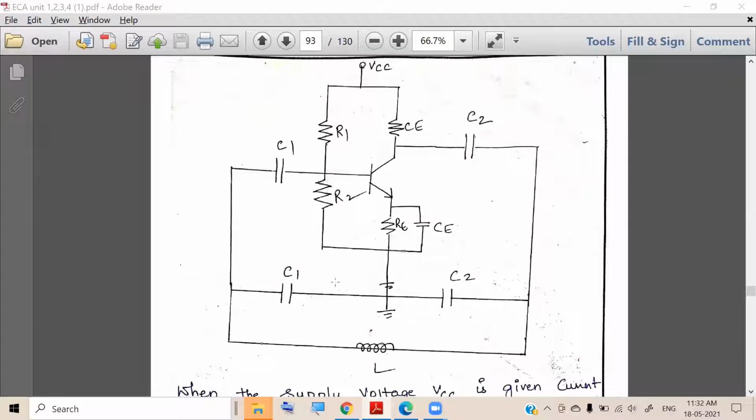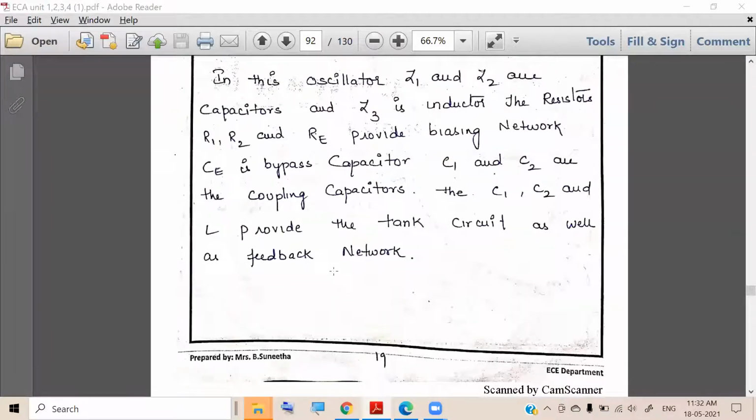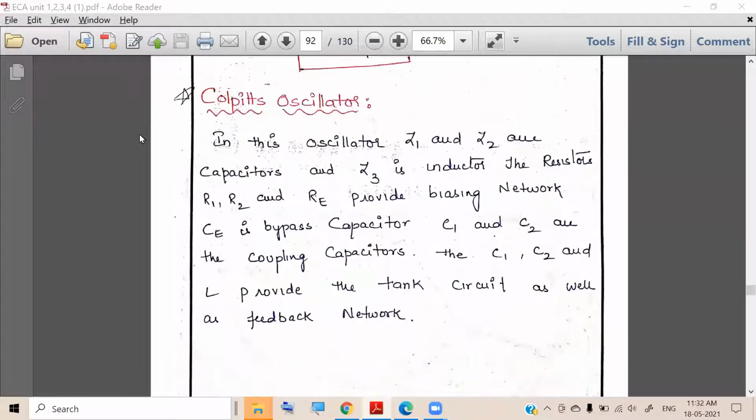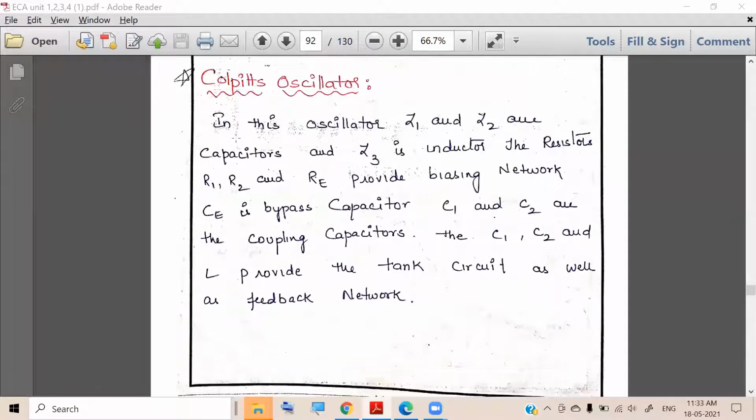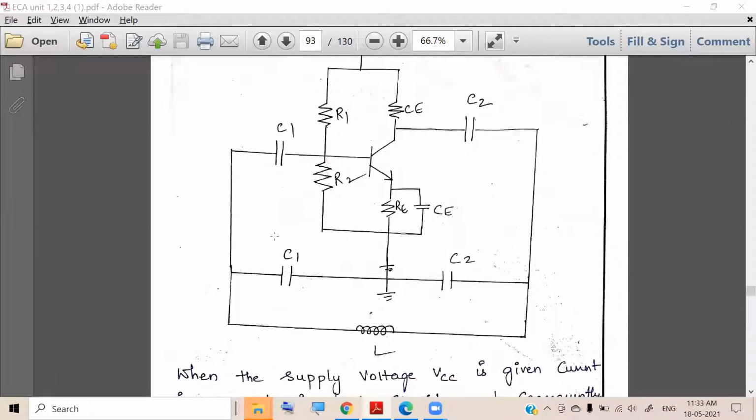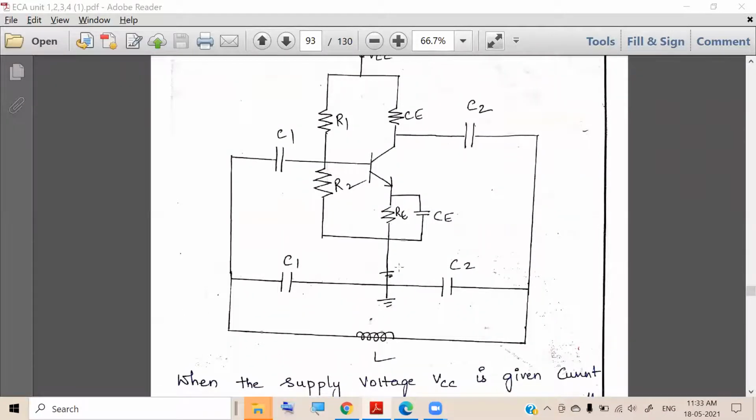Based on the name, we can remember how many capacitors and how many inductors. Colpitts starts with C, so remember two capacitors.